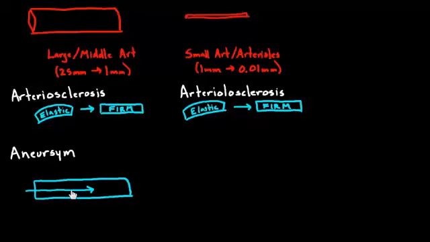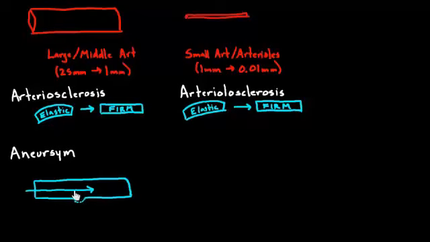So blood is going through it. And because of the constant blood pressure that's going through this vessel, the wall starts to get weak. So at one spot, it starts to get weak. Let's say right here, instead of being like that, it starts to look like this. And you get this little area of weakness.